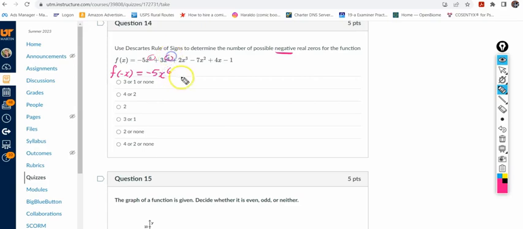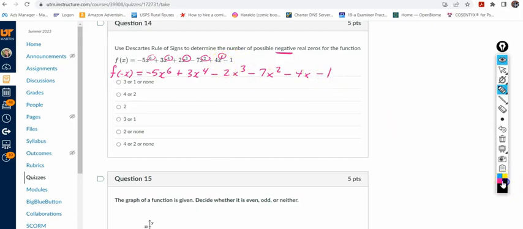The power here is even, so it stays the same. The power here is odd, so the sign out the front changes. The power is even, so everything stays the same. And I have 4x, which is the same as 4x to the first power. 1 is odd, so this sign out the front changes. And of course, the constant always stays the same.